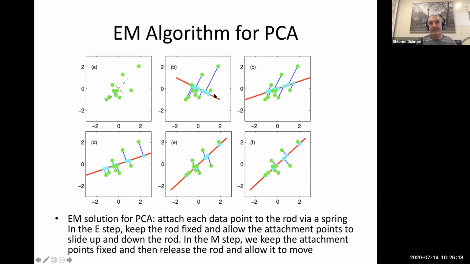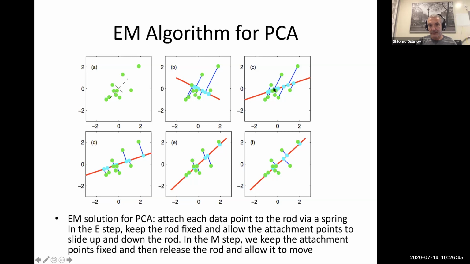So this is a physical analogy to going through the steps of expectation and maximization, where every time the rod shifts, you maximize your model parameters, and the expectation is reassigning the points to the new model by shifting these projections.